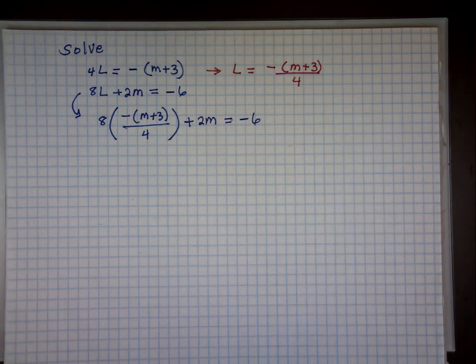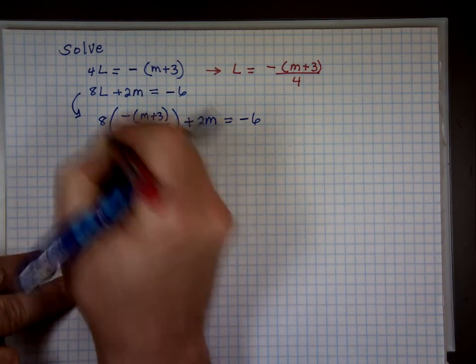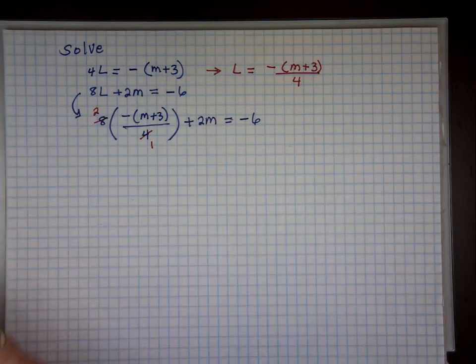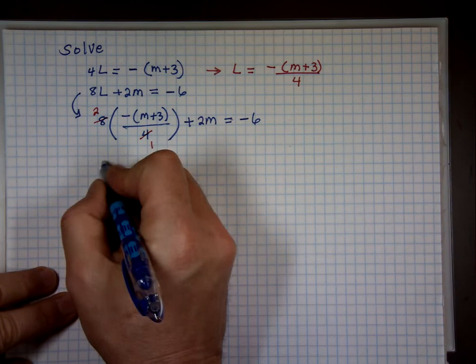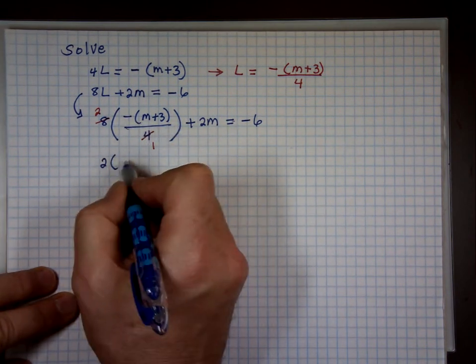Now notice here I can divide by 4. By 4 this is 1. By 4 this is what? 2. So I will have on the top here 2 times. Let me distribute that minus sign instead of having 2 sets of parentheses. That's what? Negative m minus 3, right?